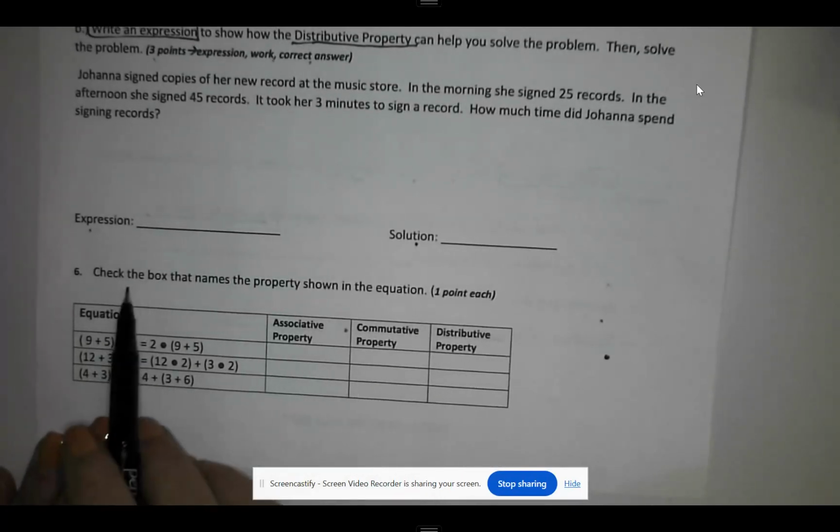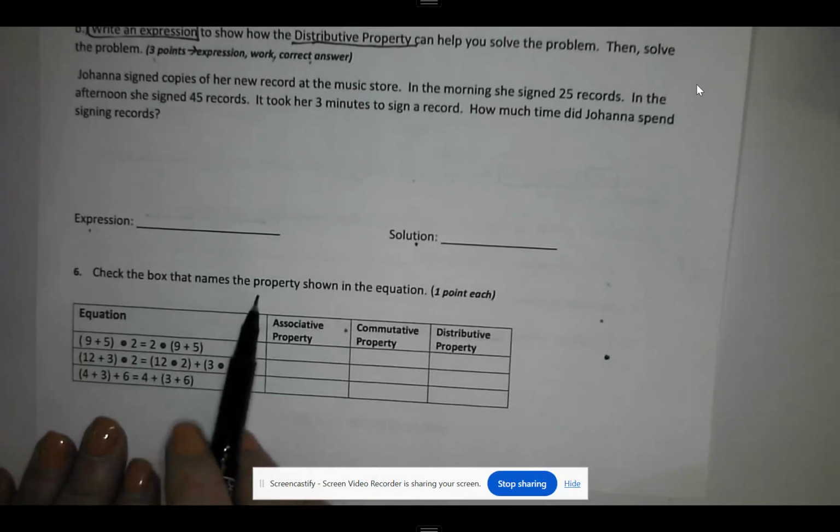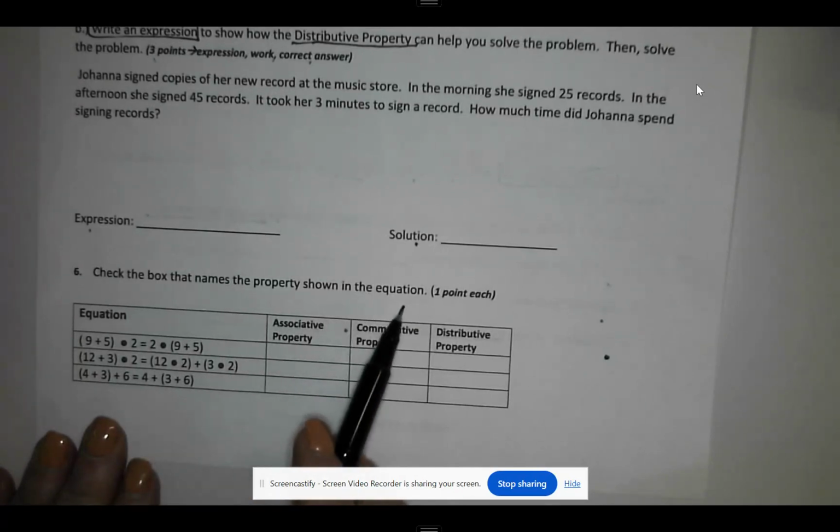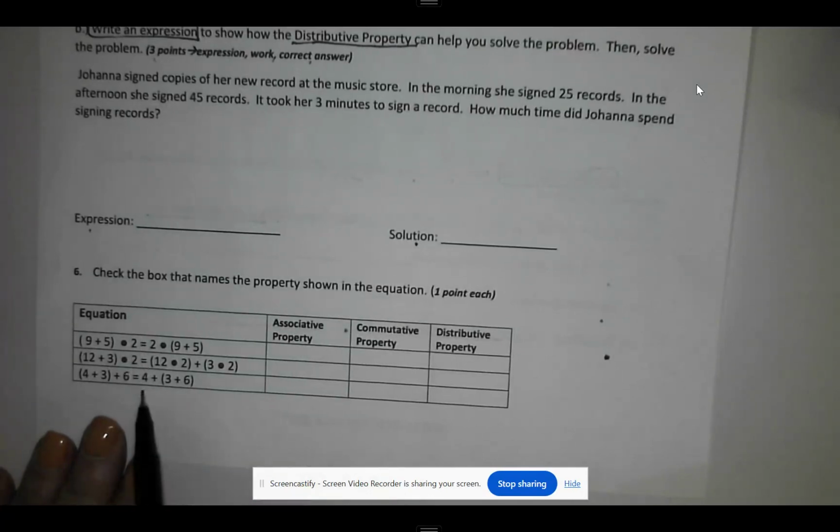Finally, number 6, check the box that names the property shown in the equation. The equations on the left, check whether it is the associative, the commutative, or the distributive property. 9 plus 5 times 2 is equal to 2 times 9 plus 5.